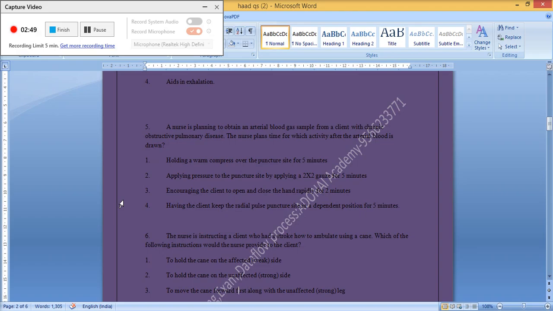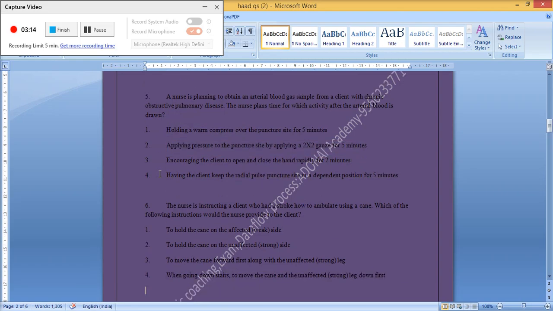Encouraging the client to open and close the hand rapidly for 2 minutes. 4. Having the client keep the radial puncture site in a dependent position for 5 minutes. The correct answer is 2. Applying pressure to the puncture site with a 2x2 gauze for 5 minutes.